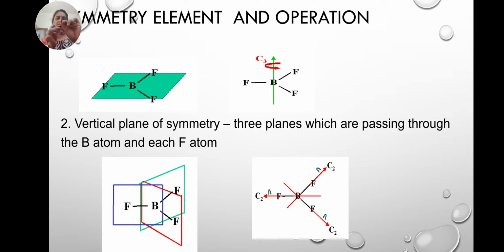When you tilt it like this, what happened? When you tilt 120 degree you will get an identical structure. Again when you rotate it will get a similar structure. So it is 360 divided by 120. So it will be C3 axis.